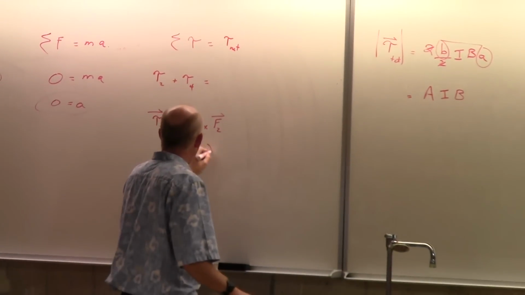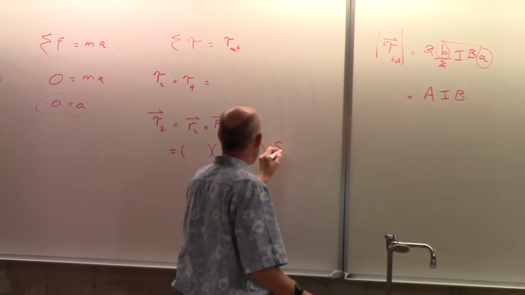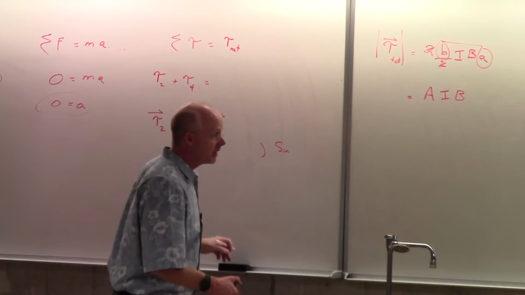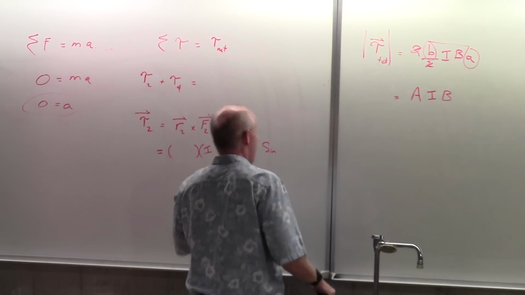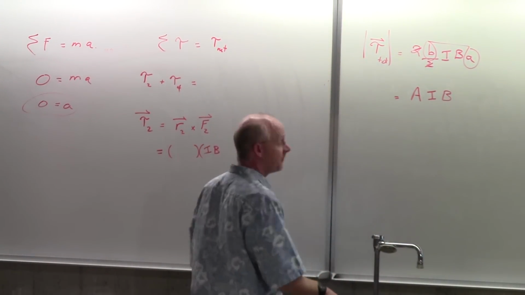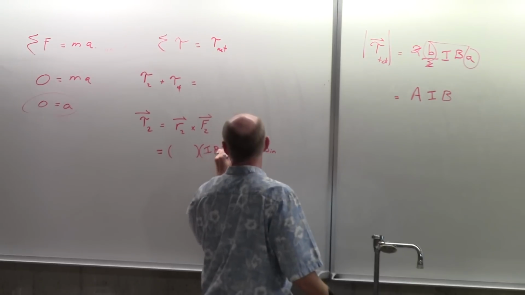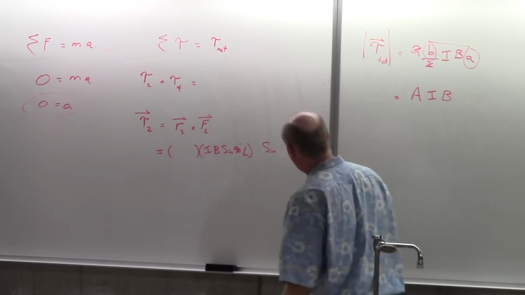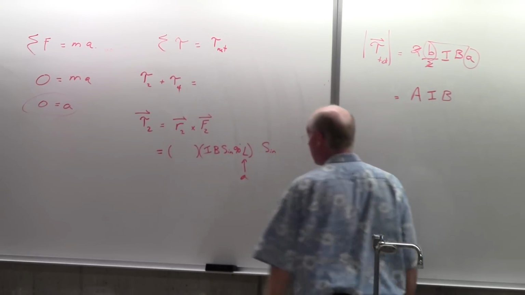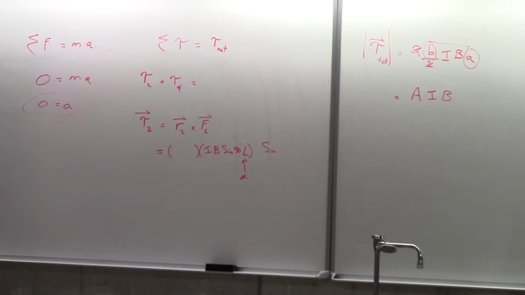So when I come over here and calculate the r and the F and the sine of the angle from this cross product, I would put the F as what I had before: I, B, sine of 90 degrees, and L, where the L is going to be that little a again. Fair enough? 90 degrees, no matter where it rotates.